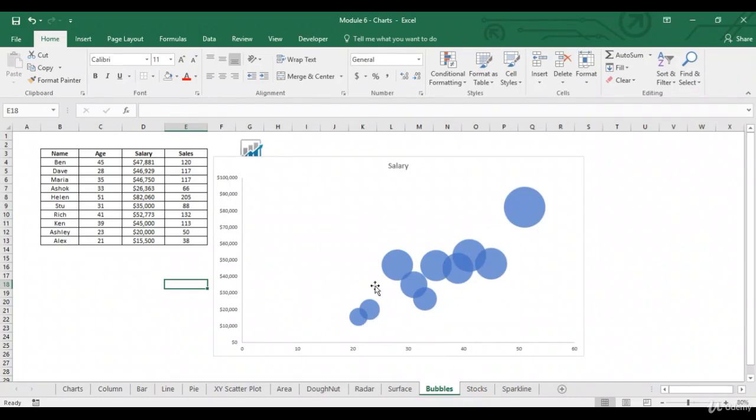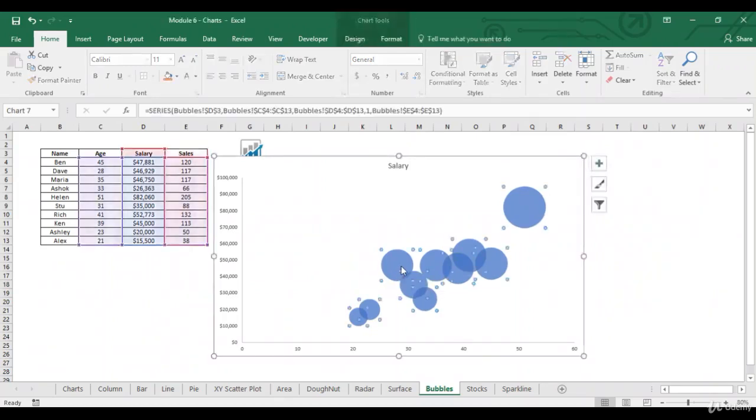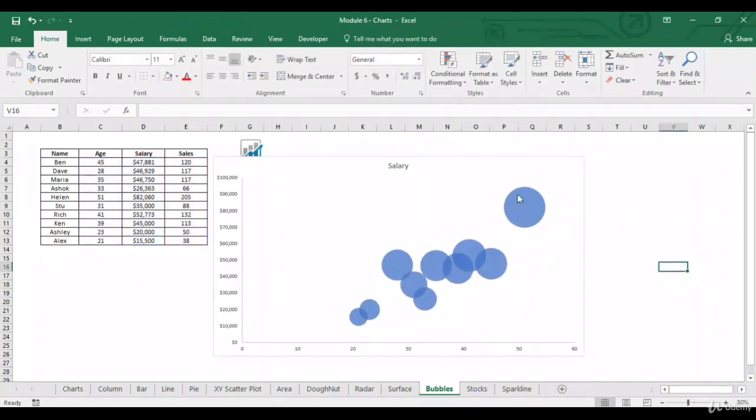But the other thing which is also sort of clear is that as we keep on increasing the age, the salary definitely keeps on increasing, but the circle size, which is representing the sales over here, is also increasing. So, which sort of tells me that with age, a person is able to make more sales, probably because of his experience, and that then leads to a higher salary.